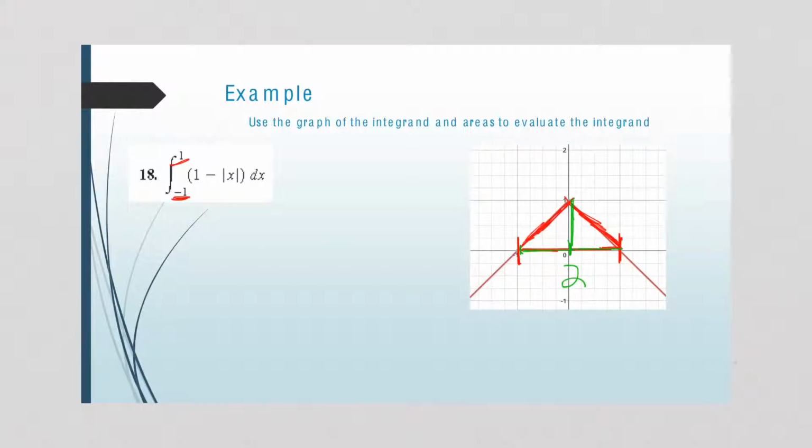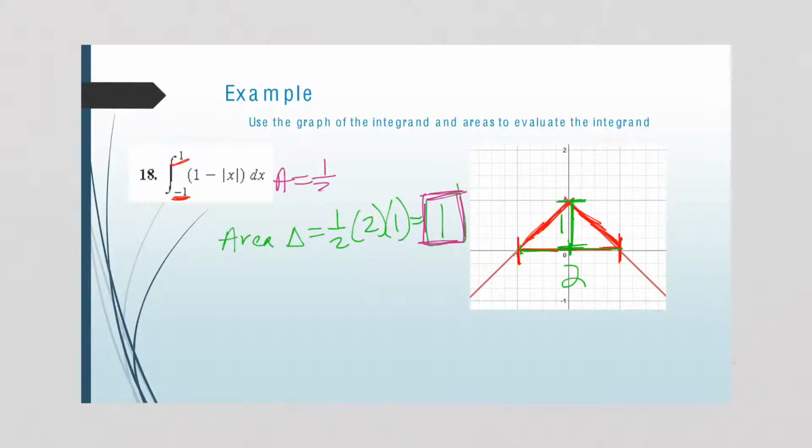My height is actually 1. So the area of my triangle equals 1/2 times the base times the height, which is actually equal to 1. So that would be the answer. And I use just my area formula. Area equals 1/2 base height. And that took us down here to 1 for an answer.